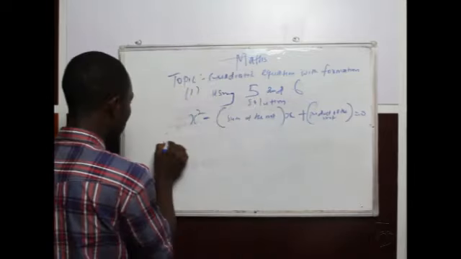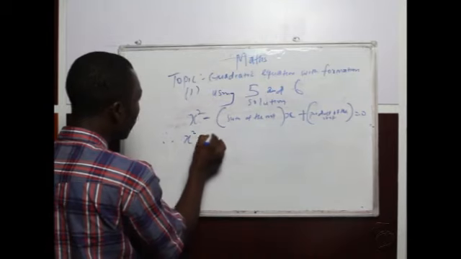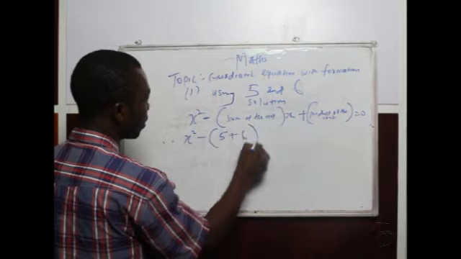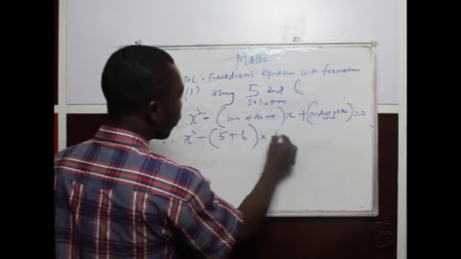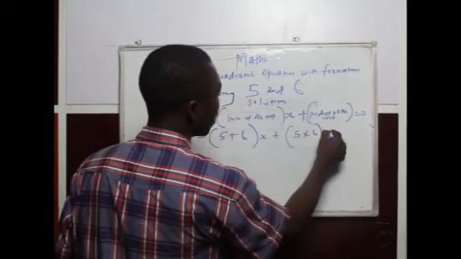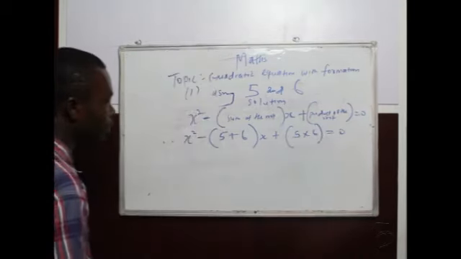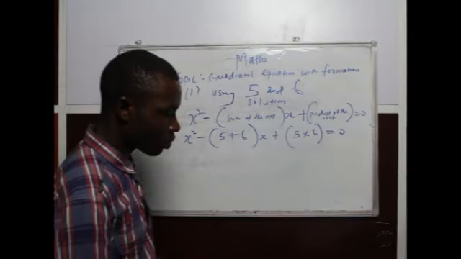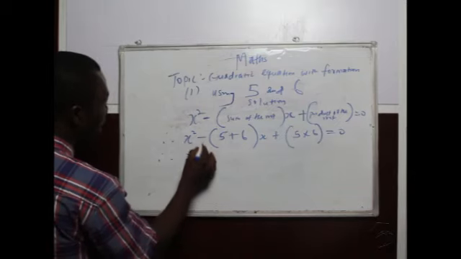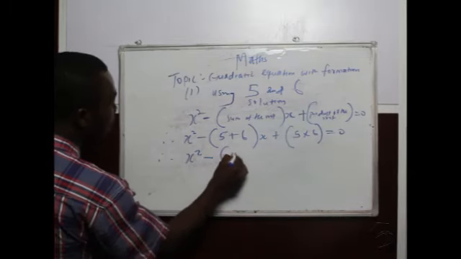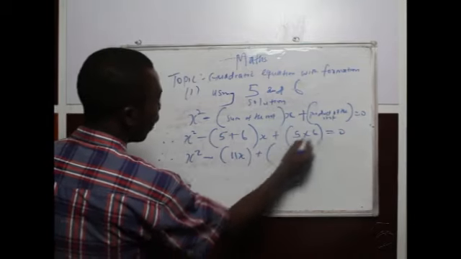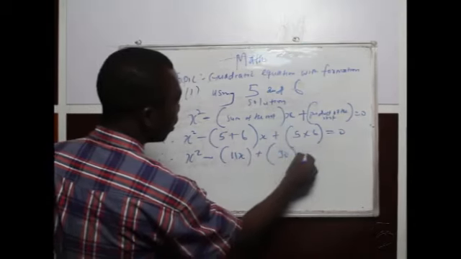Therefore, x squared minus, bracket, sum of the roots, 5 plus 6, bracket, x plus, bracket, 5 times 6, bracket, equal to 0. Therefore, x squared minus, bracket, 11x, plus, bracket, 5 times 6, which gives us 30, equal to 0.